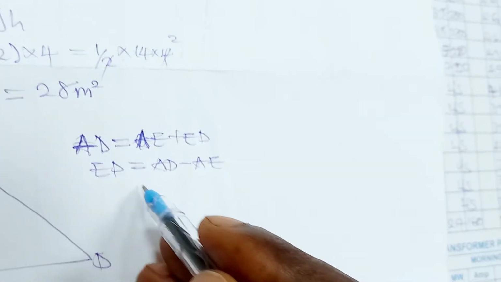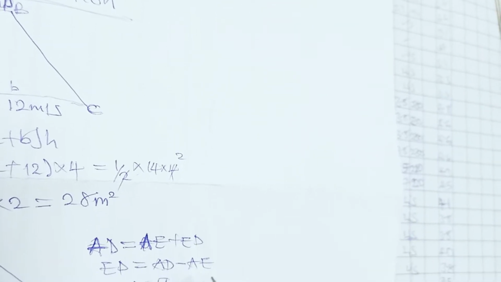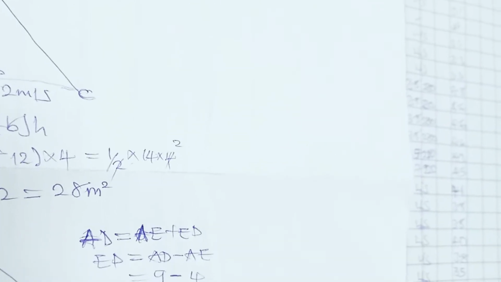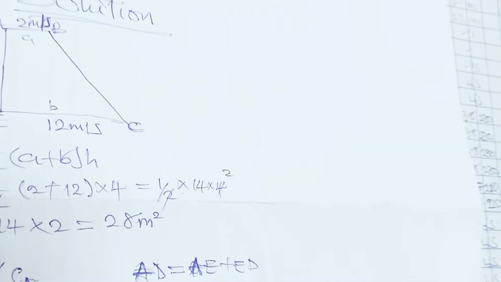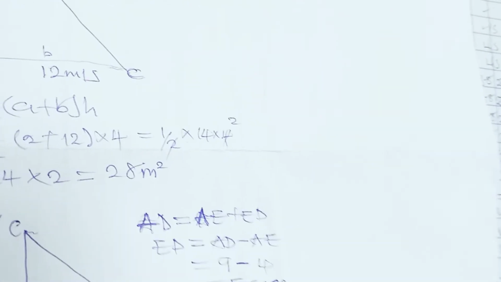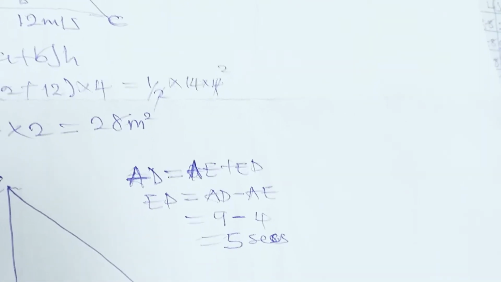If you take this to this side, what's your AD? Your AD is 9 minus your AE is 4, and that's going to give you 5 in seconds. Remember, that's in seconds. Now, this place is 5. Are you getting my point? That place is 5.